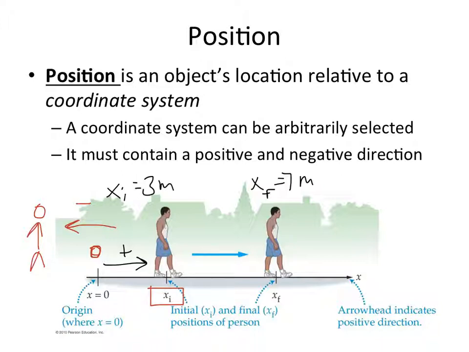It's a negative 3 meters. He would have a negative location on this coordinate system. So all this is with respect to some coordinate system that either you or somebody else establishes. Okay? So that is position.